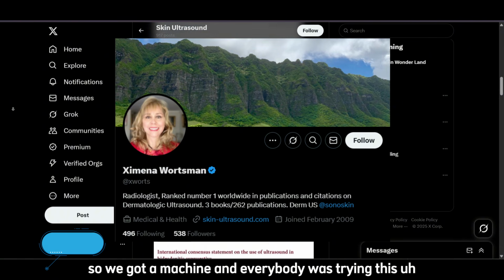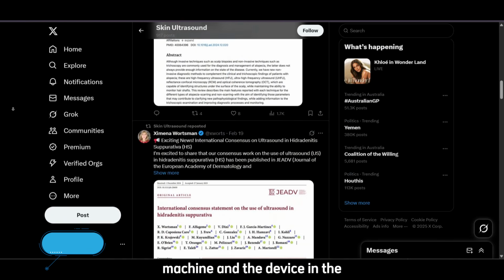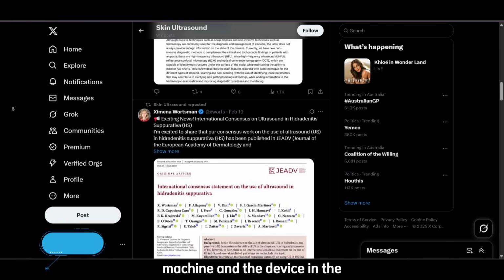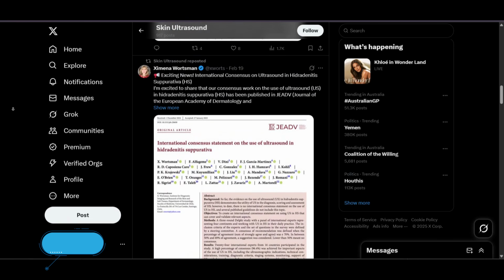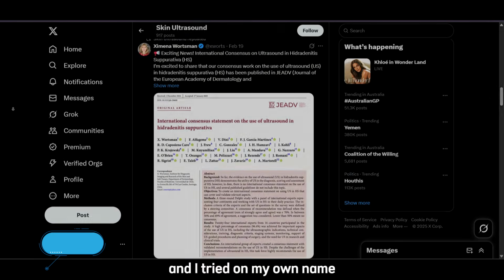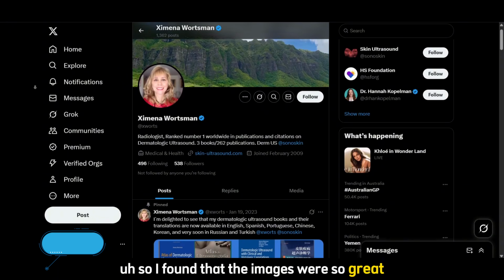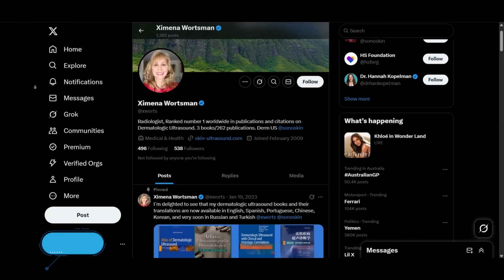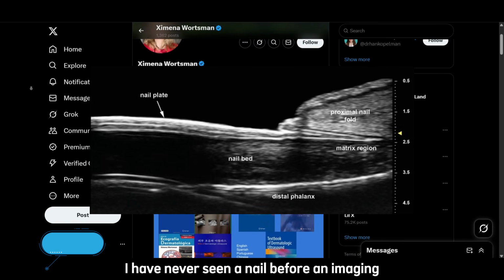So we got a machine, and everybody was trying this machine and the device on the tendons, on the thyroid, and I tried it on my own nail. So I found that the images were so great. I have never seen a nail before in imaging.